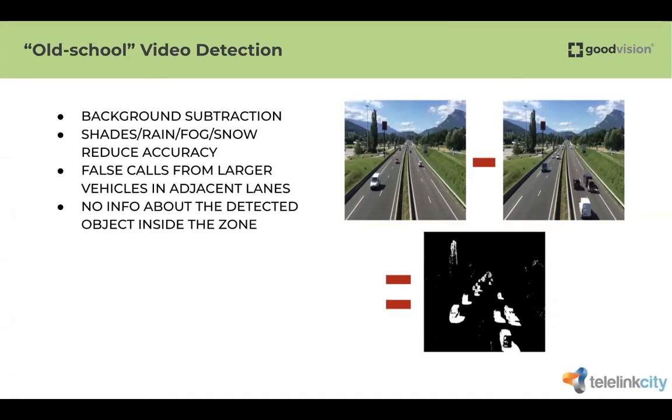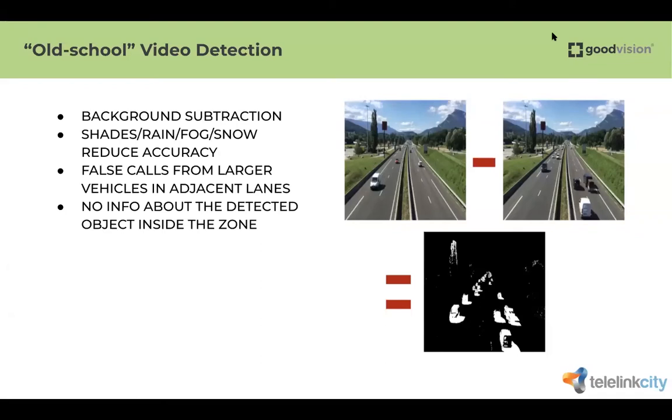Yes, as I said, we had experience with different types of detectors, including inductive loops, magnetic sensors, as well as video detection. However, I would like to call this video detection some kind of old school video detection. If I may shortly introduce how it works, basically, it uses background subtraction.